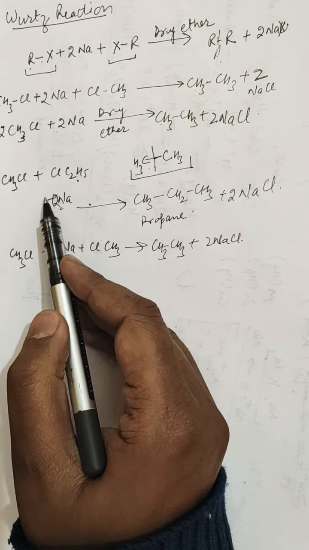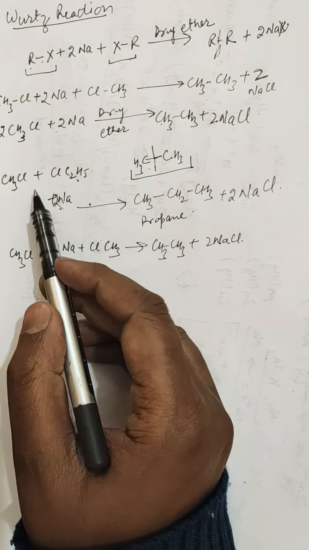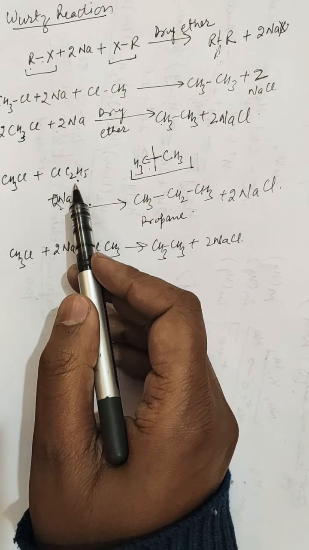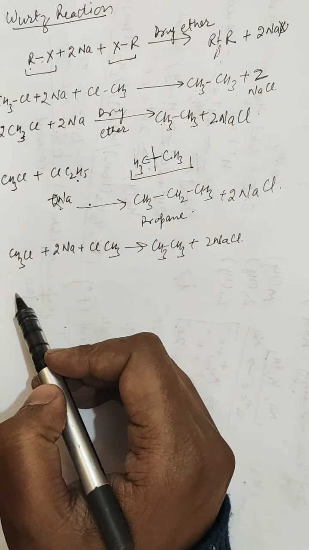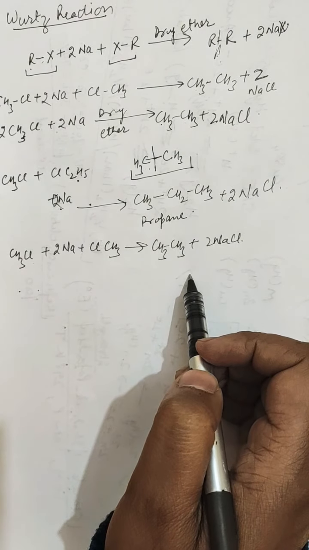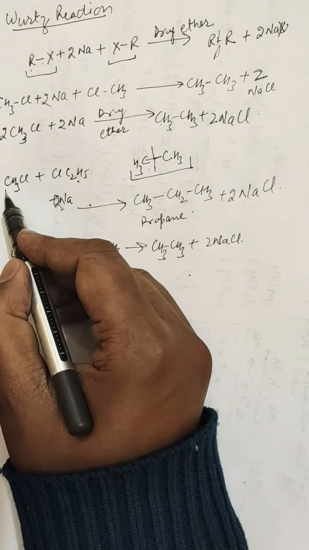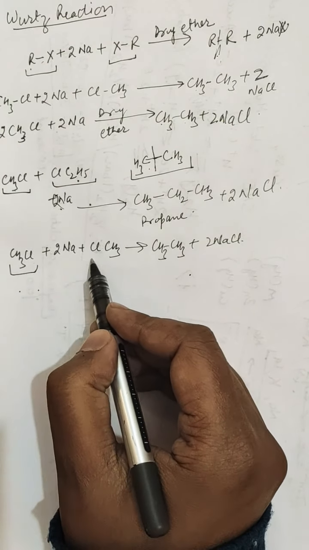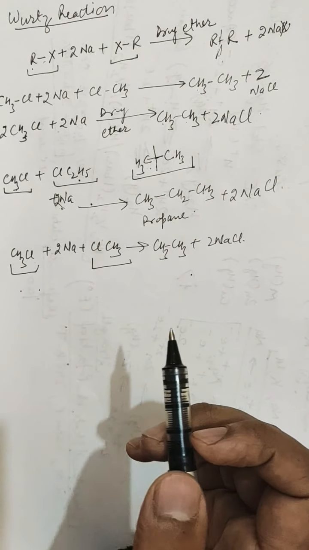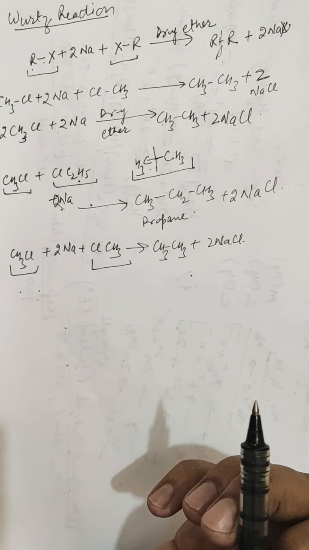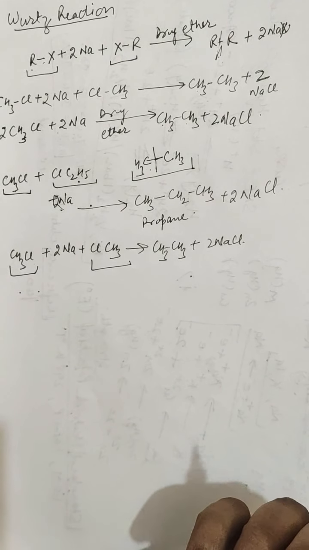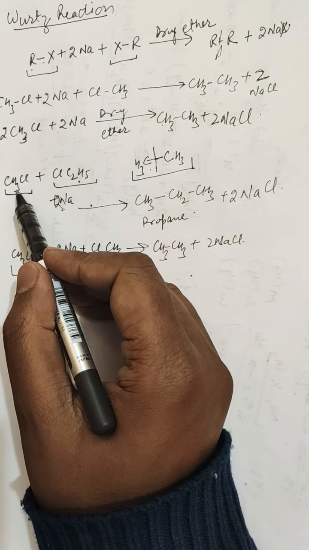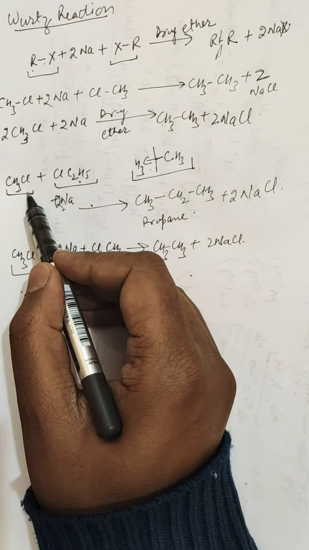And further, I already told you there are many molecules of ethyl chloride also there, and they will also react among themselves to form a different product. So if you take different alkyl halides in the presence of sodium, there will be many side products. So this reaction is efficient only when similar kinds of alkyl halides are taken.